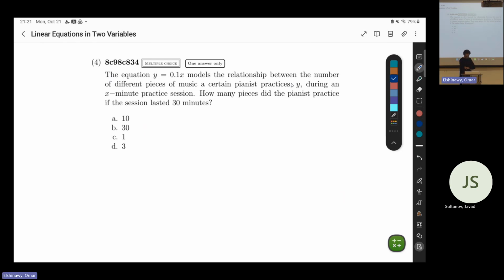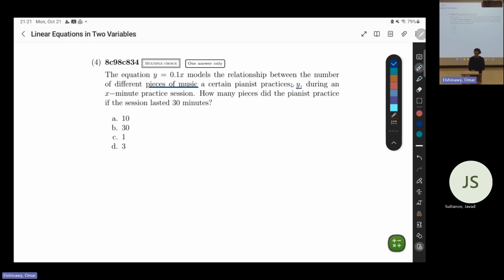So for problem 4, you have a relationship between the number of different pieces of music and the practice session. So y represents the number of, let's say, songs he plays.